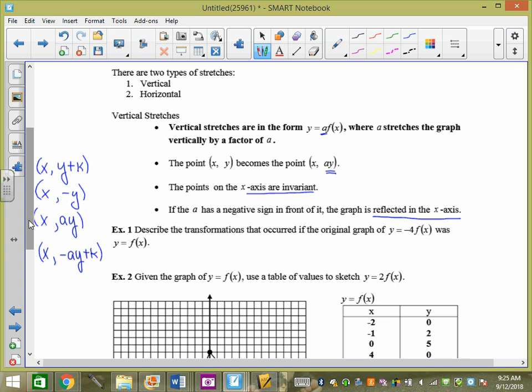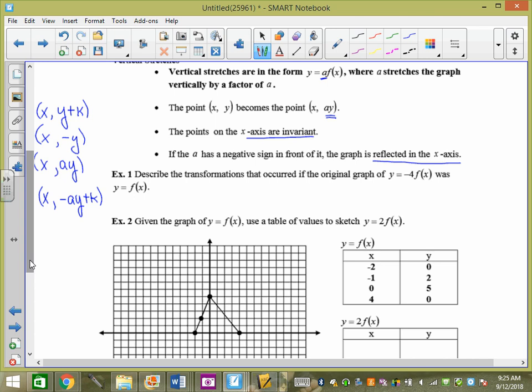So describe the transformations that occurred if the original graph of y equals -4 f of x was this. So this is the original. This is the new. We always have to go in the order CERT: stretches, reflections, translations.